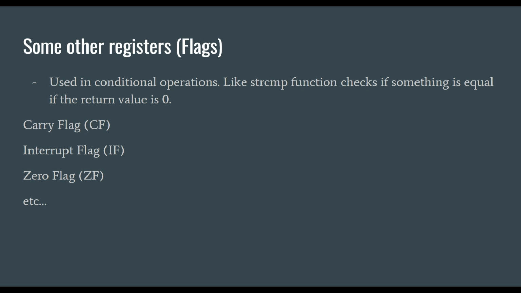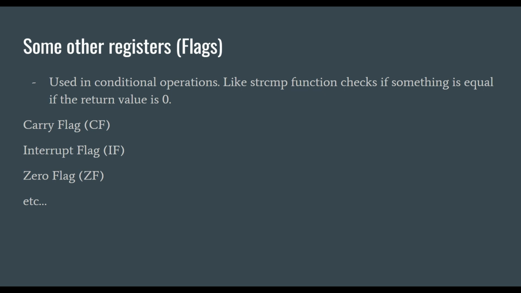And these are some other registers. We have your carry flag, your interrupt flag, your zero flag. These are used in conditional operations, so if something's equal to something else, sometimes it's used in those. One example is the strcmp function in the C language.